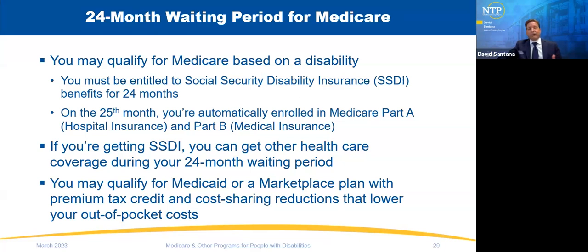So typically the individual may just file one application that will determine whether they qualify for Medicaid or for a premium tax credit. If they qualify for the premium tax credit in the marketplace, they'll have that until they get automatically enrolled in Medicare 24 months later. Once that happens, of course, the individual will transition to Medicare, and the premium tax credit and cost-sharing reductions will end at that point.